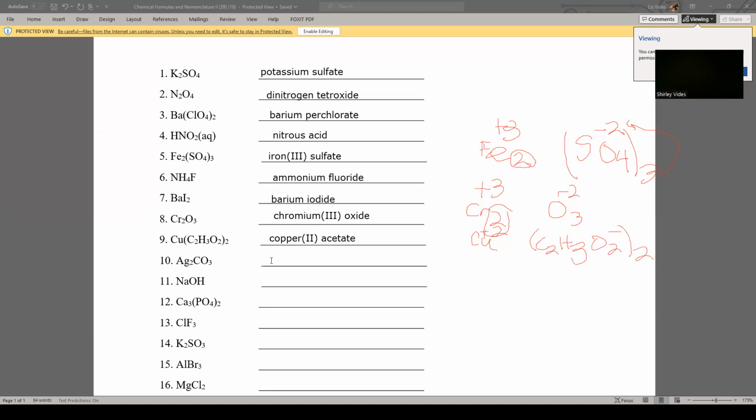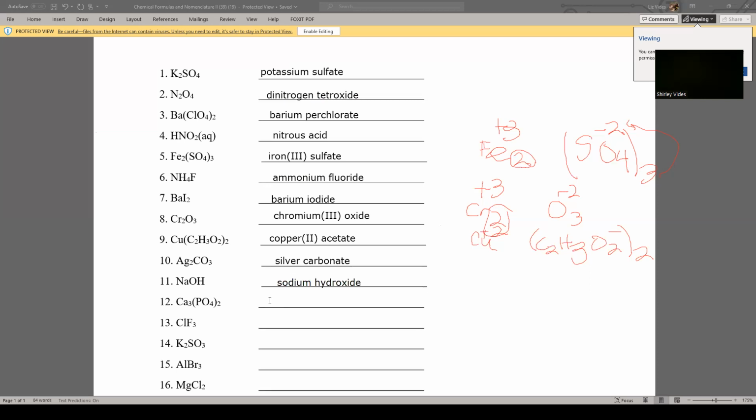Okay, this is silver, and silver is just a single. So silver, sorry, carbonate. I was looking at acetate still. All right, this is sodium hydroxide. Again, easy. 2 ions together, just name each one.